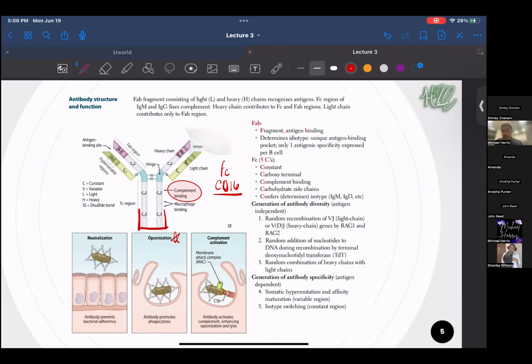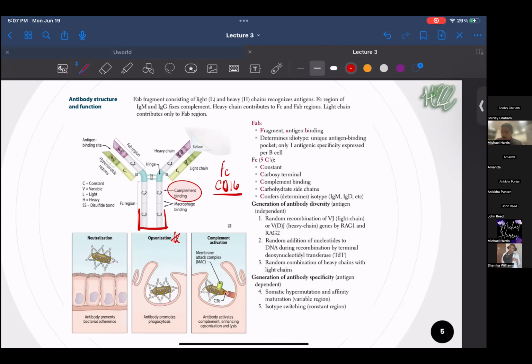A good analogy I've heard is it's almost like taking a strawberry that's already really good to eat and dipping it in chocolate, and now you want to eat it even more. So the chocolate component would be the antibodies binding to the microbe, making it more attractive to these macrophages, these neutrophils. Okay, good.